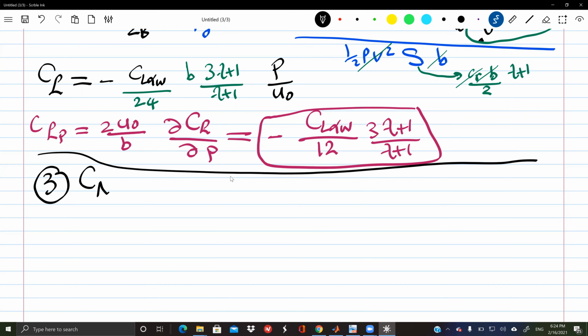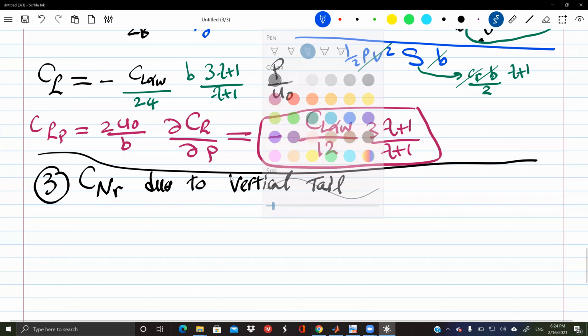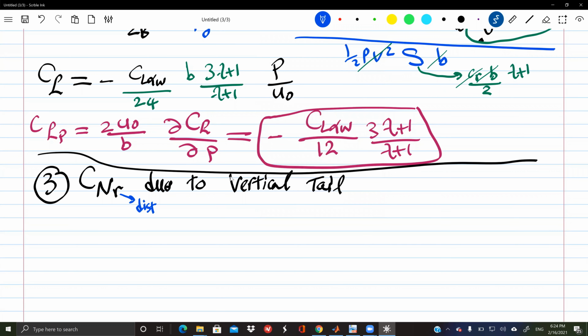We'll do CNR due to vertical tail. Again, what's my disturbance? Here is the disturbance. What is the output? Here is the output.